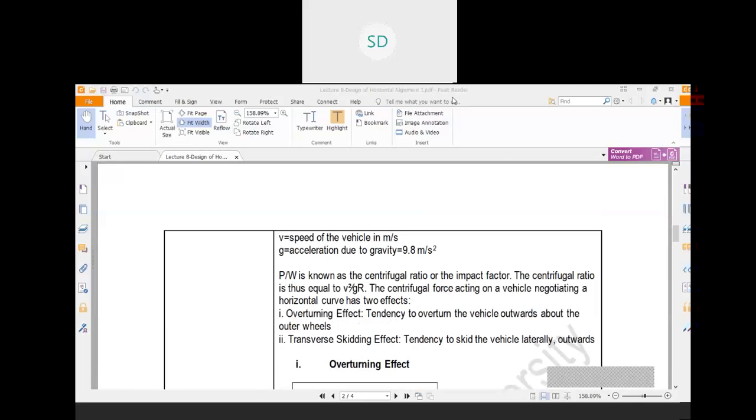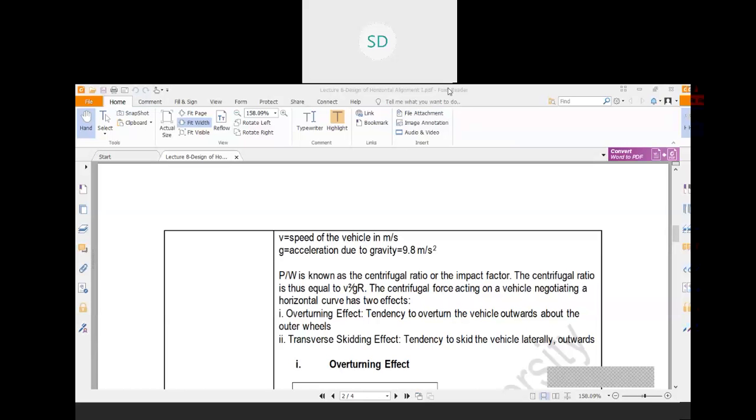Now, the centrifugal force acting on a vehicle negotiating a horizontal curve has two effects. Whenever a vehicle tries to overcome a horizontal curve, the vehicle experiences two types of effects because of the centrifugal force. One effect is the overturning effect, and another is the transverse skidding effect.